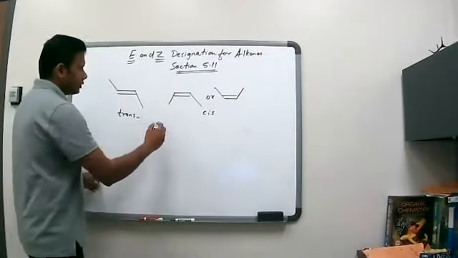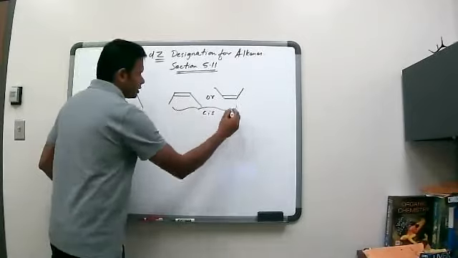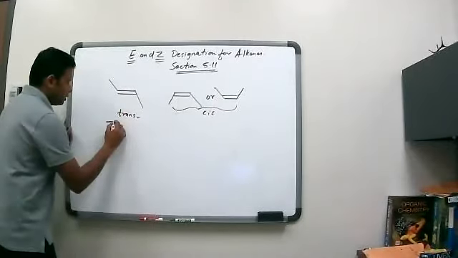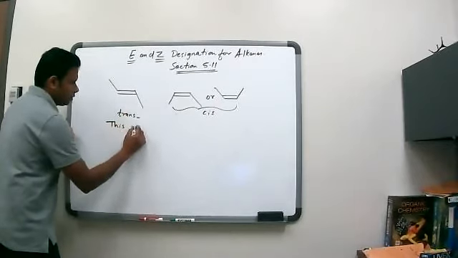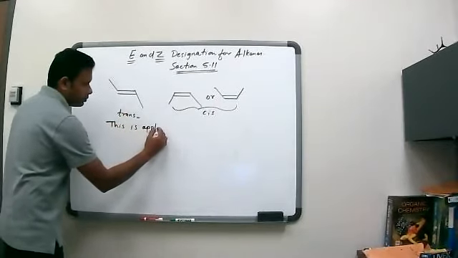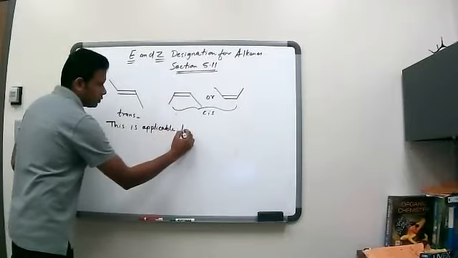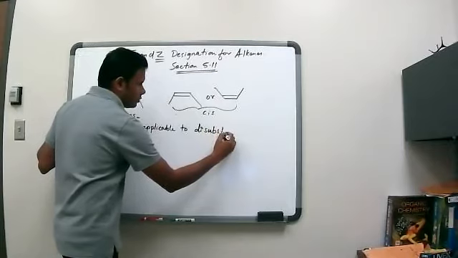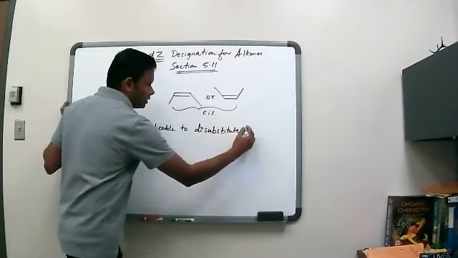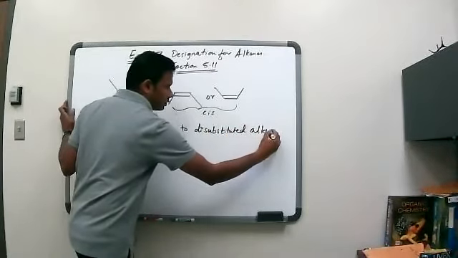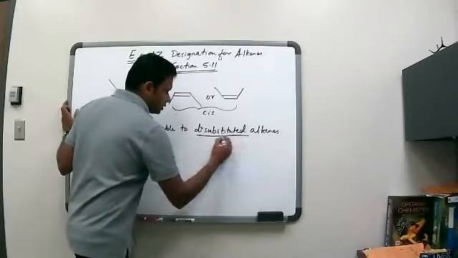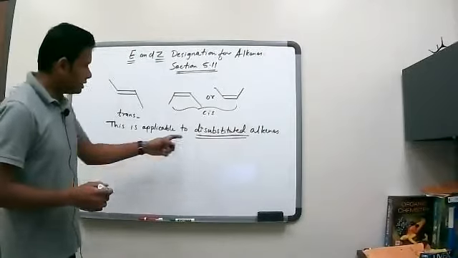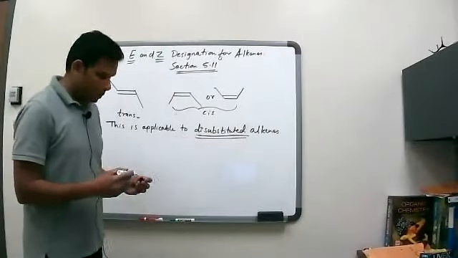Now this sort of nomenclature, so cis and trans, is applicable to di-substituted alkenes. And what that means is, di means two.